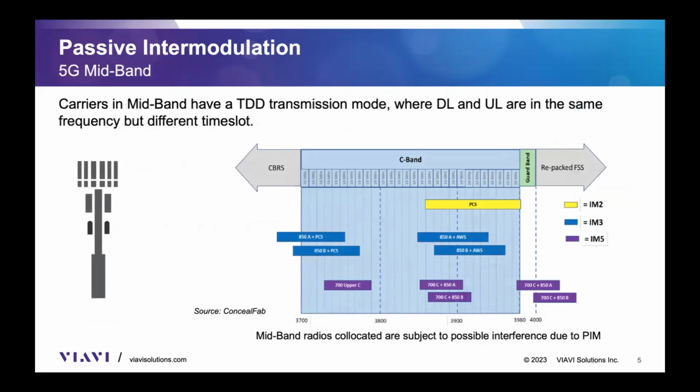We have a problem in TDD radios. For example, we have 5G mid-band now, and this happens to be in the 3.7, 3.8 band. And the answer is yes. Well, first off, TDD has downlink and uplink in different time slots.